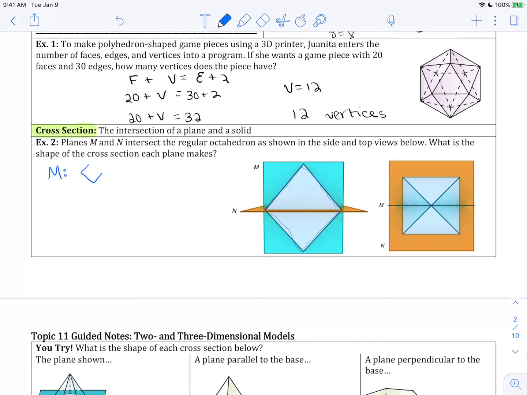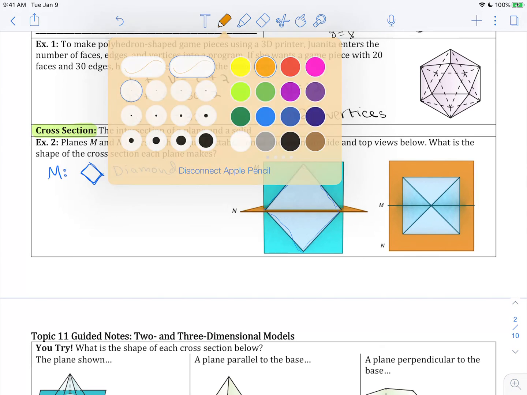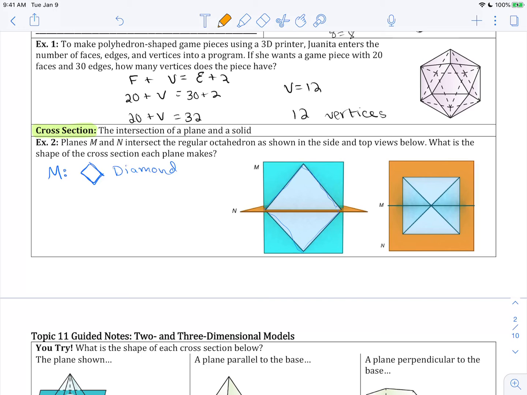So the cross section at M is a diamond. For N, now this figure's rotated, the cross section is right here, right? So N makes a square cross section.